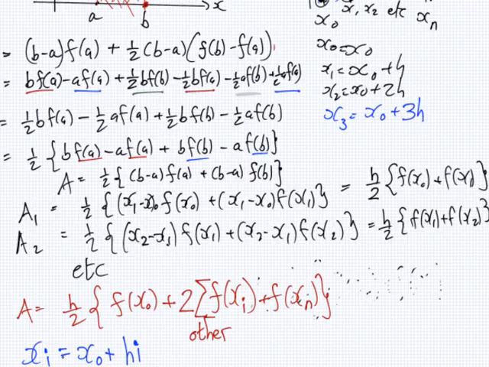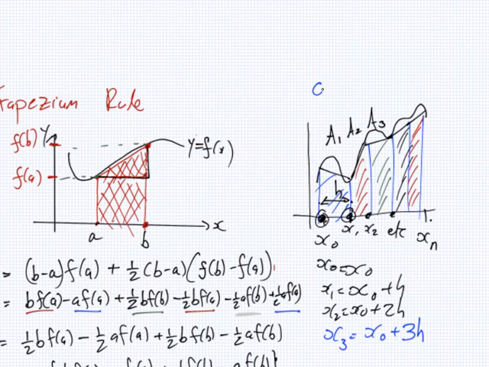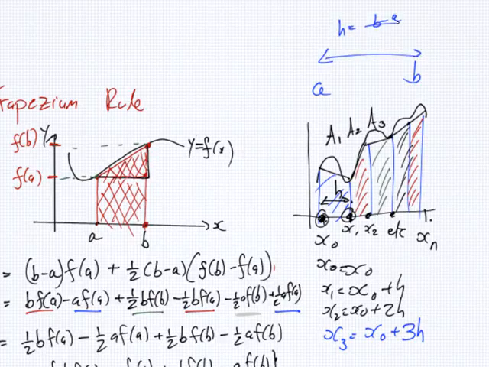So if I want to know what the value of x is, I can use this formula. What's the h though? I haven't said what the h is. Well, if you have a piece from A to B, and you have n pieces, in my picture here, let's say this is A, this is B, the h will be b minus a divided by n.